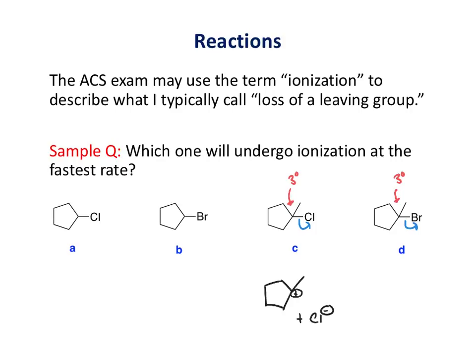So that's where the ionization term comes from. Both give you a tertiary carbocation compared to secondary in A and B. Then your second analysis is the leaving group, and like we talked about earlier, bromine is better than chlorine as a leaving group because it's larger. So that would be D.